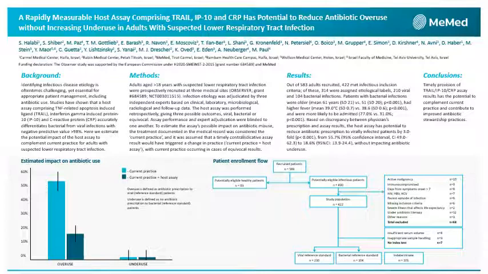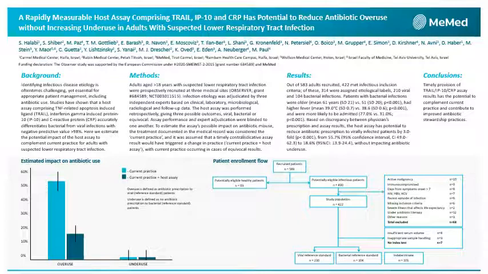So it was the adjudication of these 3 experts that was used to build a reference standard etiological label. The host assay was performed retrospectively, and it gives 3 possible outcomes based on predefined thresholds. It can give a viral result, bacterial, or an equivocal result. Assay performance and expert adjudication were blinded to one another.